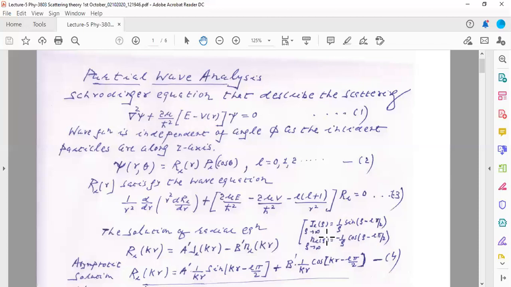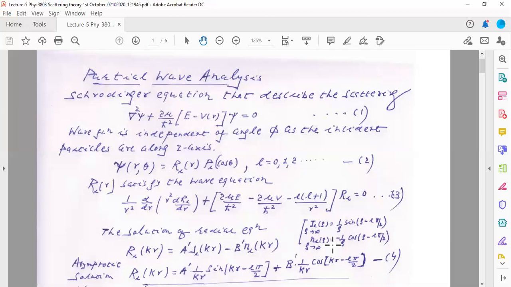tends to infinity. And you have another special function which appears in the solution of the radial part, NL of kr. This is a Neumann function. It is a spherical function, and it is of order L. It is given by minus 1 upon rho cosine of (rho minus L pi by 2).